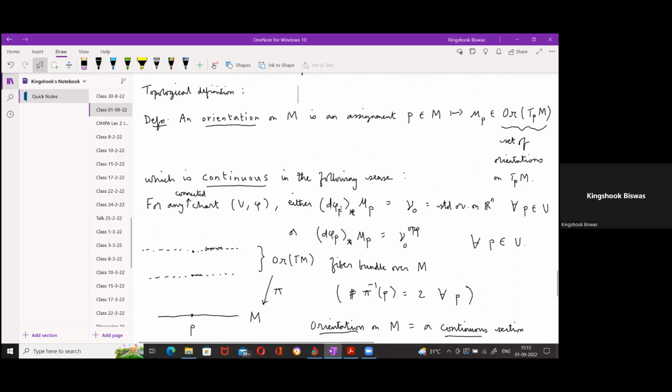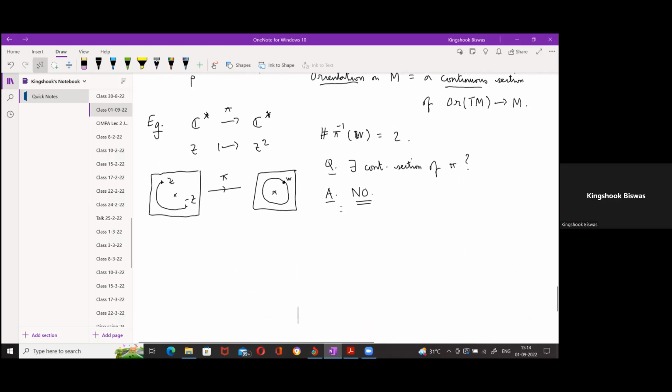But in algebraic topology, what happens is, for orientation, you look at basically the relative homology Hn of the manifold with respect to the manifold minus the point P. Sorry, not cohomology, homology.